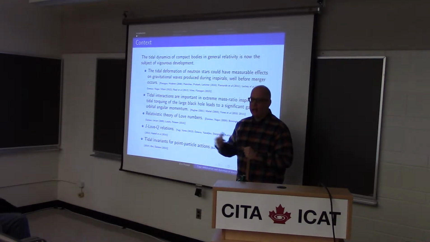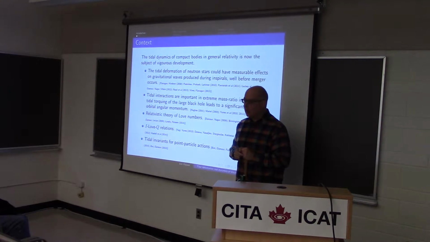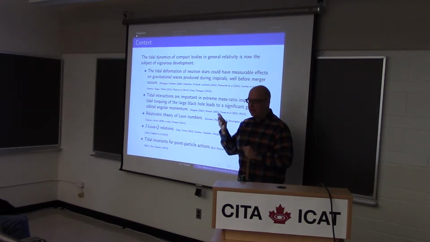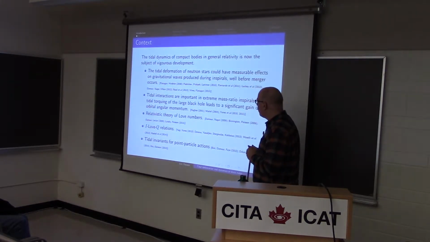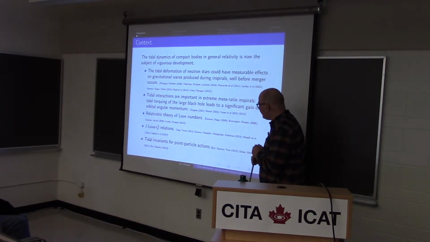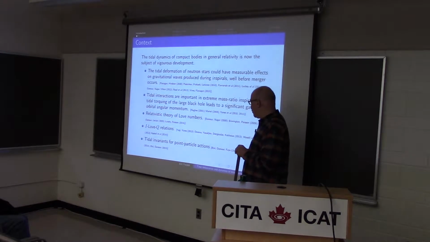That tidal interaction leads to a transfer of angular momentum from the black hole's rotation to the orbital motion, and that can be shown to have a significant impact on the in-spiral. You can produce a large number of wave cycles through this effect, something that of course will be measured once LISA, or some evolved version of LISA, is launched.